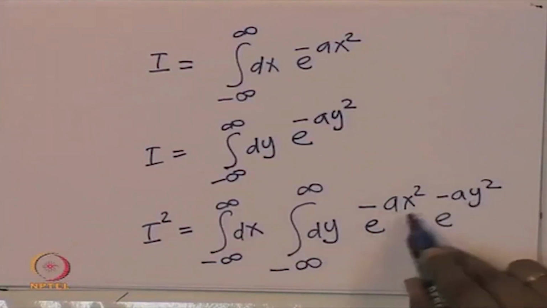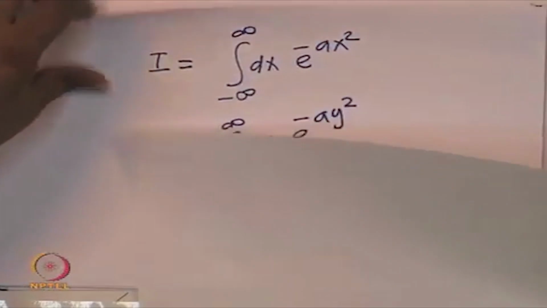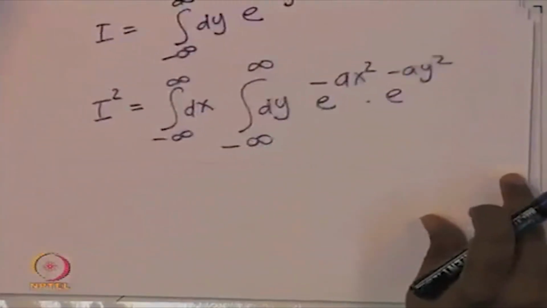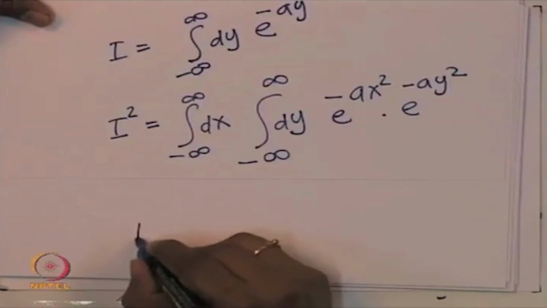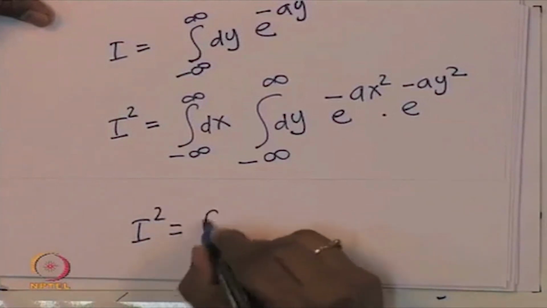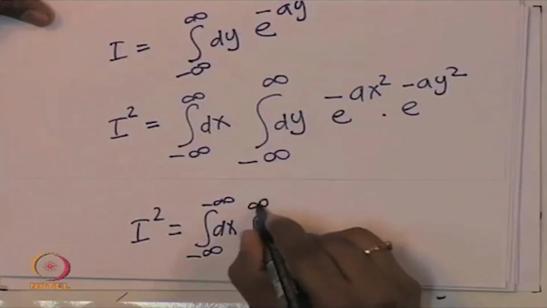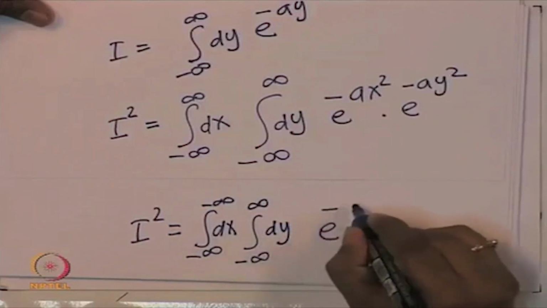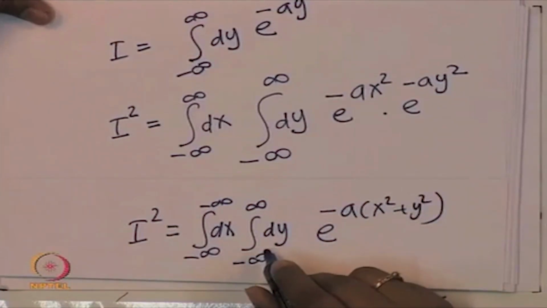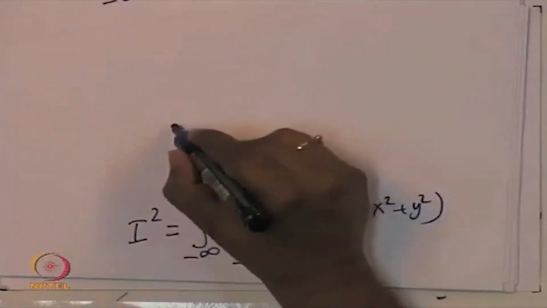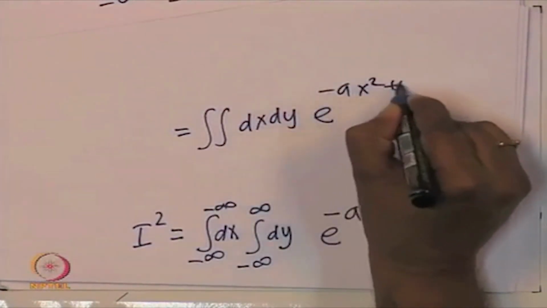I can write this as e^(-a(x² + y²)). So, I² is the double integral dx dy e^(-a(x² + y²)).